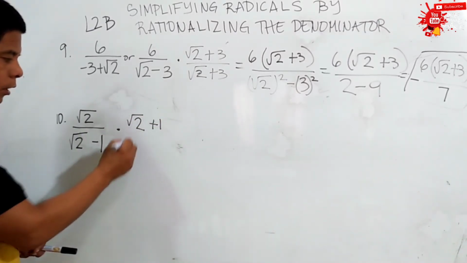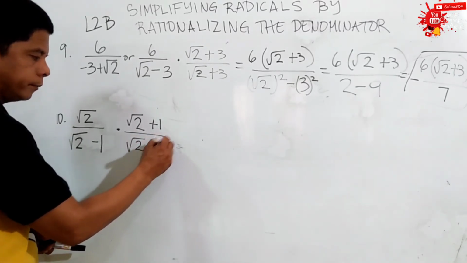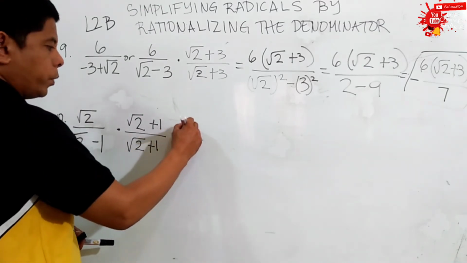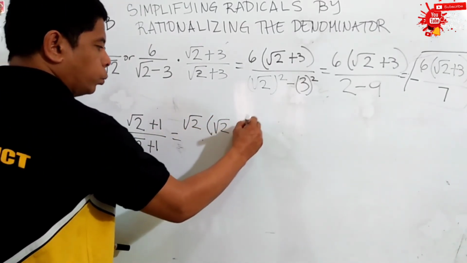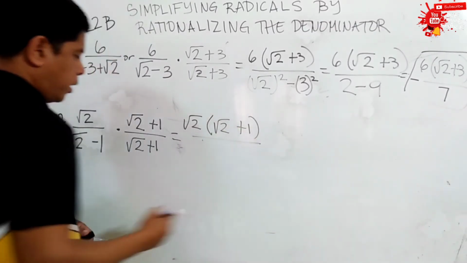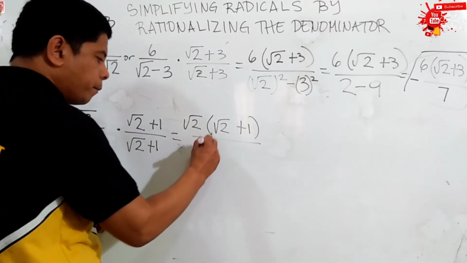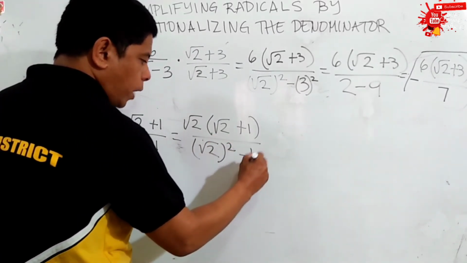Ayan ang kakonjugates niya, over the square root of 2 plus 1. So, lagay natin po, we have the square root of 2 times the square root of 2 plus 1 over the square root of 2 squared minus 1 squared.